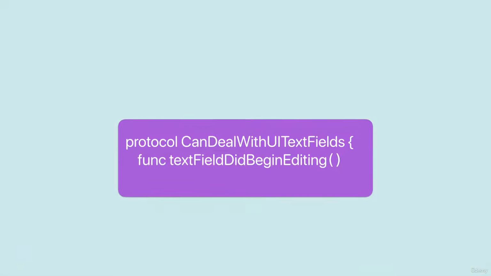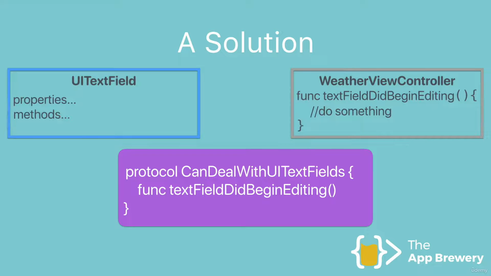So now a possible solution that we have using these protocols is, let's say we still have the same situation. Our reusable UI text field that was created by Apple that doesn't know about any other class. And we have our weather view controller, which needs to use a UI text field and also needs the UI text field to tell it when the text field begins editing. In this case, the protocol is actually called the UITextFieldDelegate.